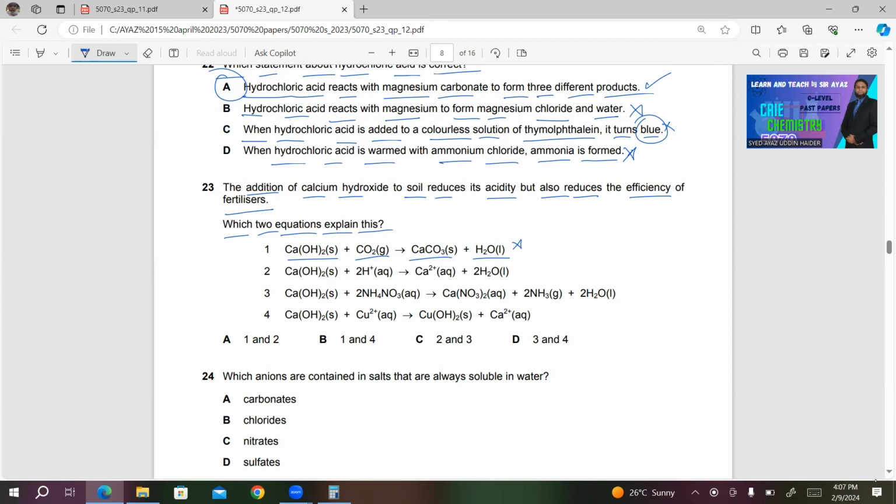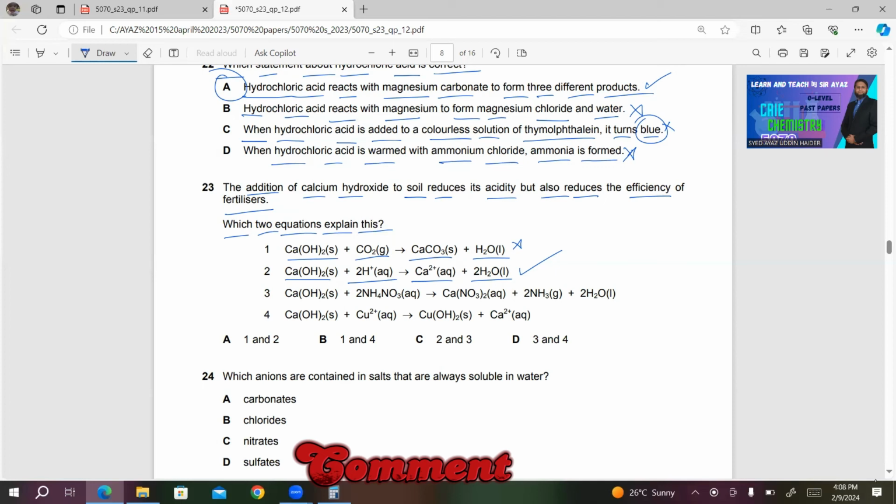Reaction number 2, Ca(OH)2 solid plus 2H+ aqueous gives Ca2+ aqueous plus 2H2O liquid. This reaction is correct. The reason is that the H+ ion is coming from the acid and calcium hydroxide is reacting with the acid, which in turn reduces the acidity of the soil.